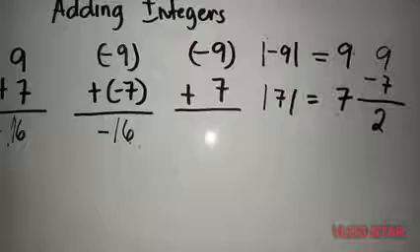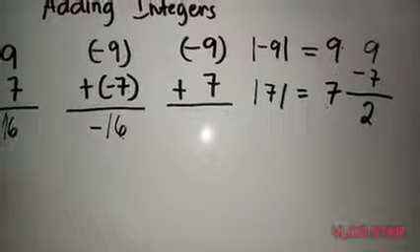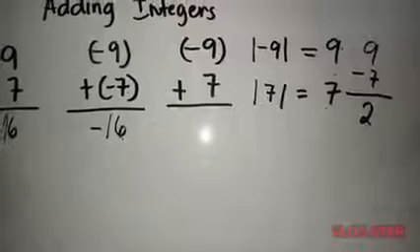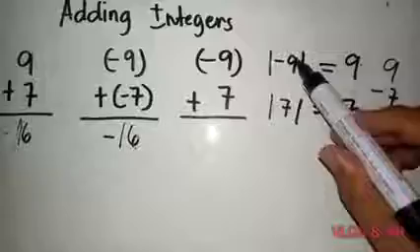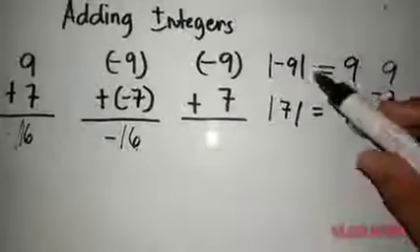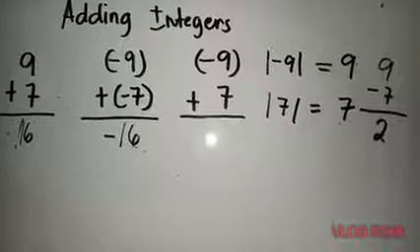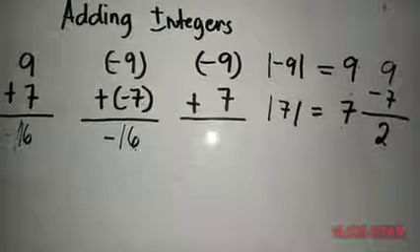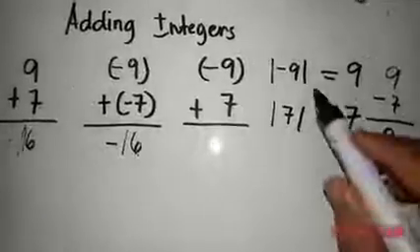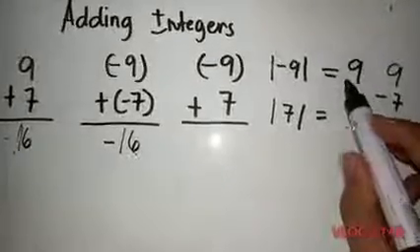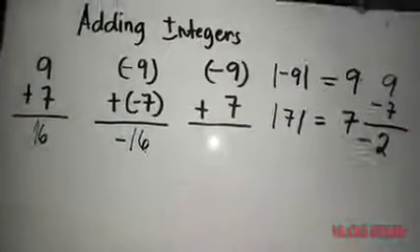After you subtract, copy the sign of the number with greater absolute value. Based on this integer, the number that has greater absolute value is 9, and the sign of 9 is negative, so our answer is negative 2.